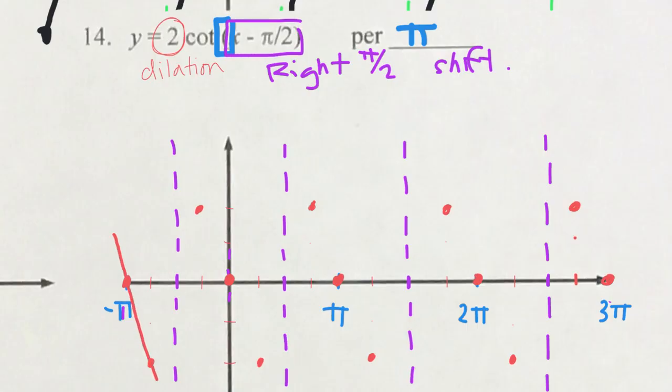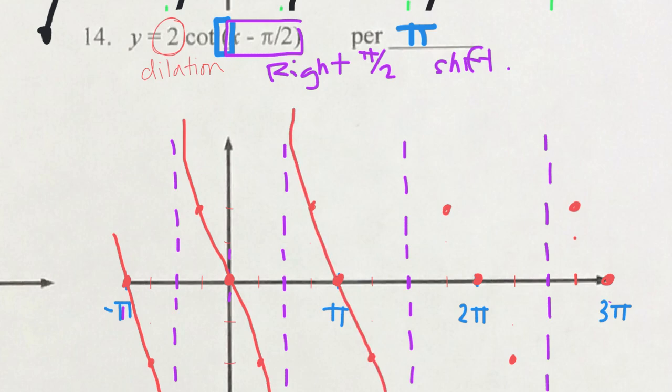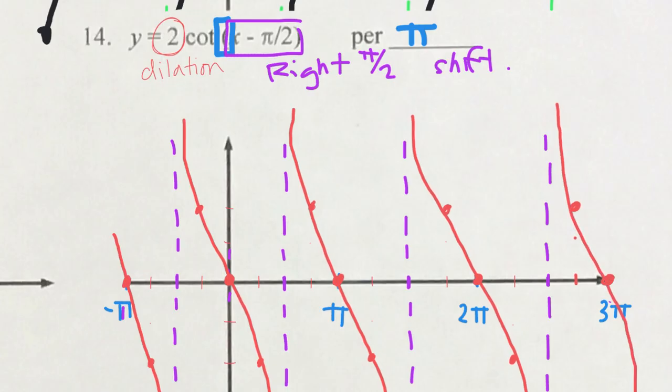From left to right, we go down for cotan as we go through these points. Start on the asymptote high on the left, and we go to the asymptote negative infinity on the right. Okay, cotan is the opposite of tan here.